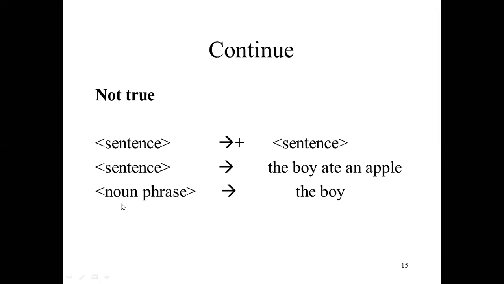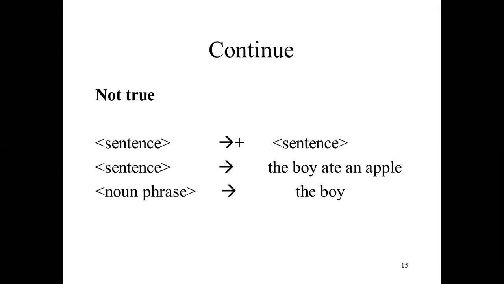Again, noun phrase is equal to the boy. It is right or not? No. Why? Whenever you break noun phrase, you cannot write the boy. Okay? Yes, sir. Article noun. Yes, article noun.